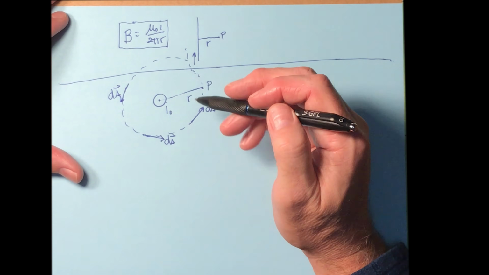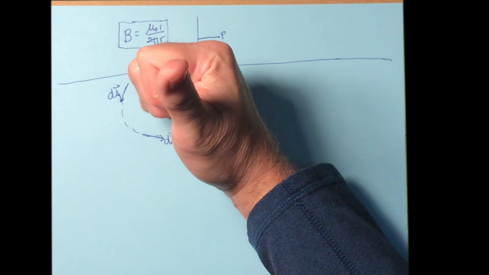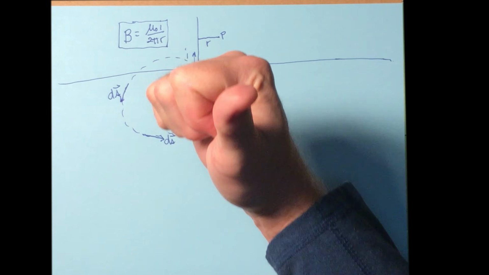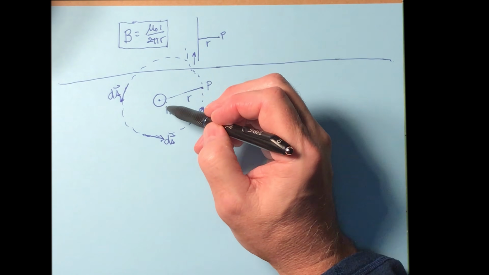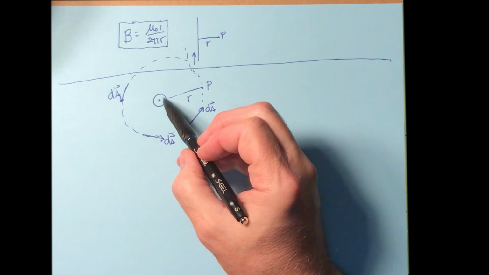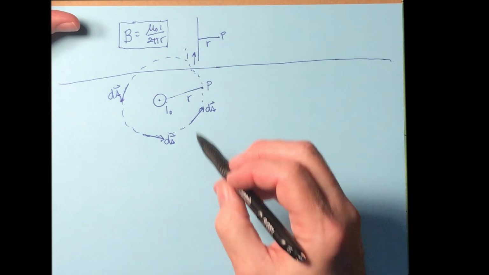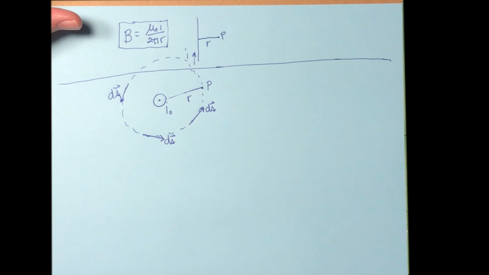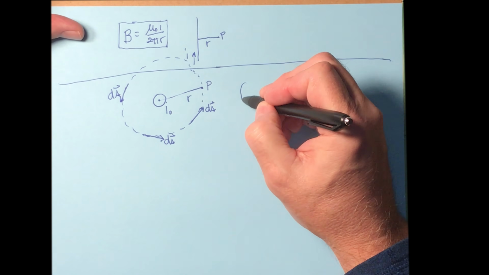Then, let's use our right-hand rule to figure out that I is positive coming out. Great. And now we need to decide how many currents are coming out. Well, there's only one here. It's really obvious. There's only one, and it's I naught. Now that we've decided all that, let's write down Ampere's law. Here it is.